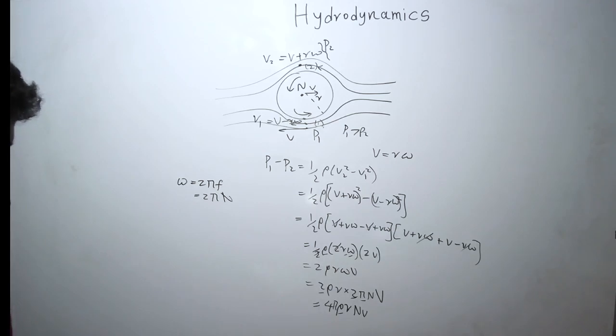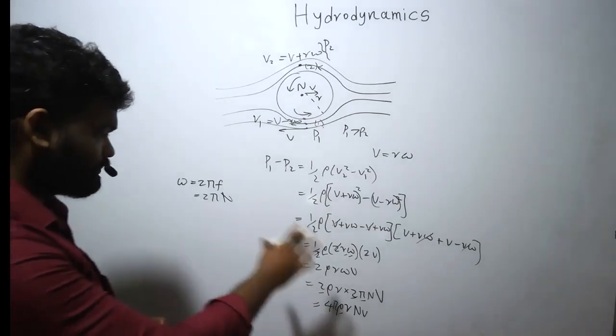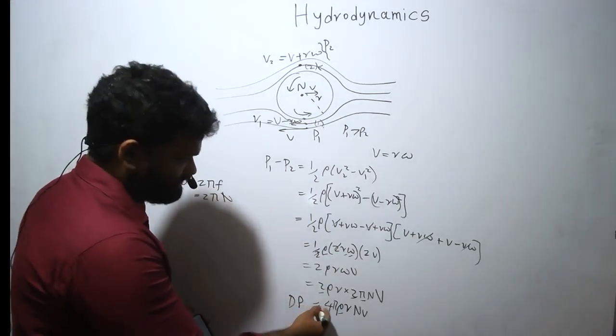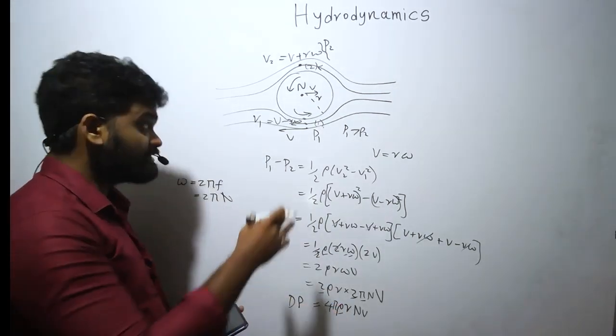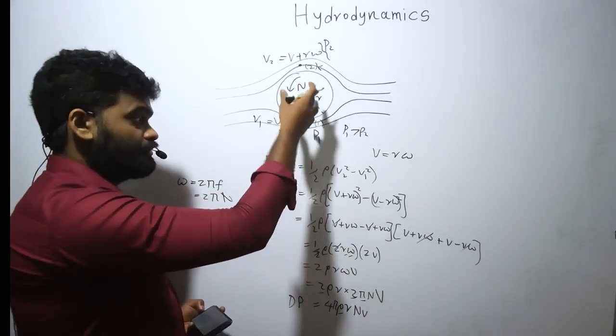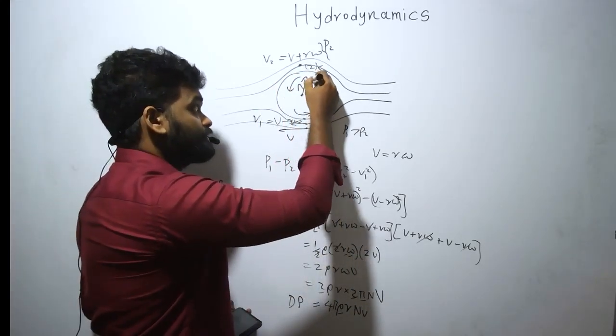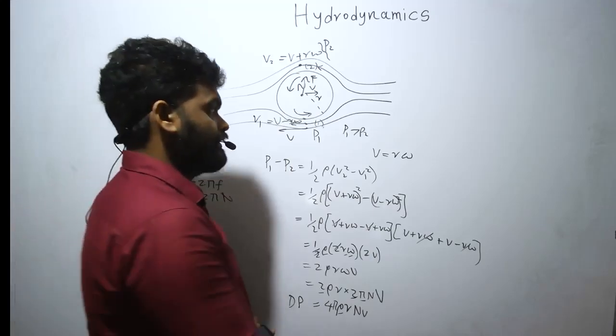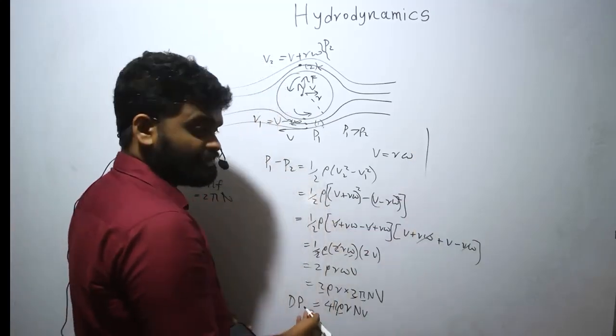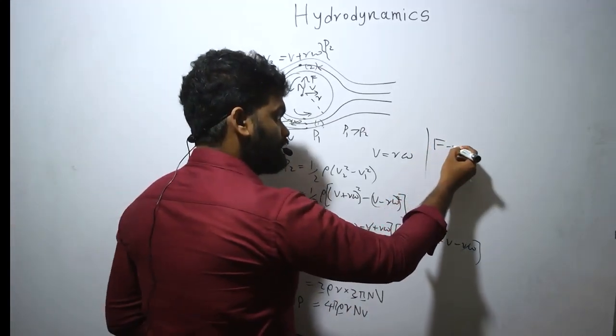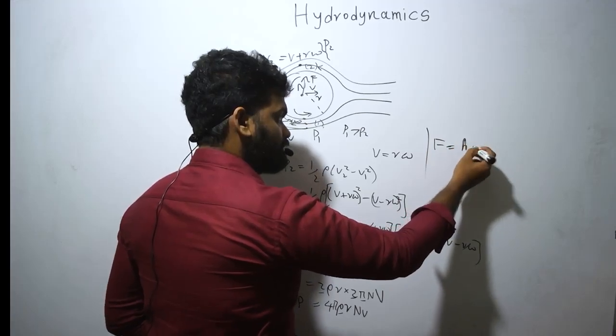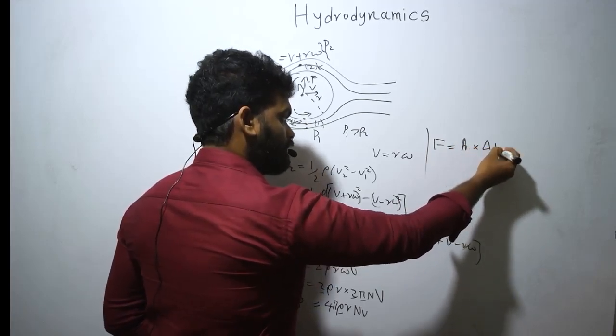So do we have an answer there? Oh, sorry. What they ask is, this is just the pressure difference, but what they ask is the lift. Sorry, not lift. This unbalanced force, capital F. Okay, so we have found the pressure difference. In order to find the force, you have to multiply that by the effective area, right?